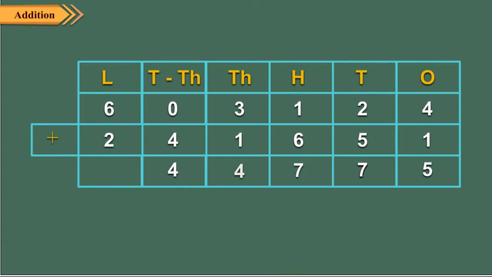Finally, add the lakhs. 6 lakhs plus 2 lakhs is equal to 8 lakhs. Write 8 in the lakhs column. Thus, the sum of 603124 and 241651 is 844775.